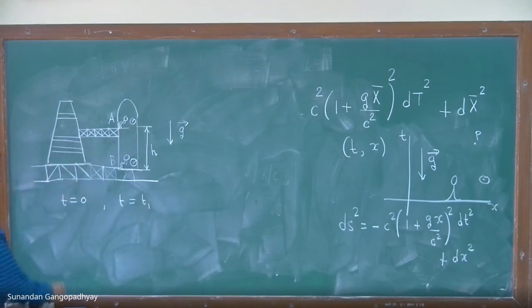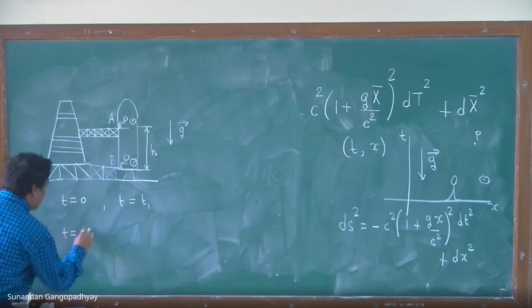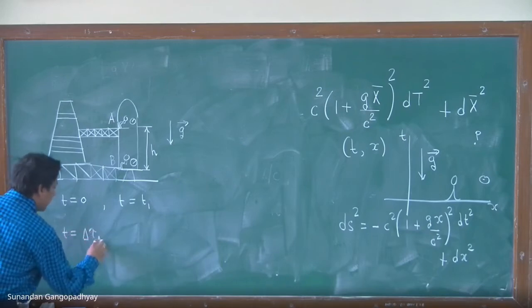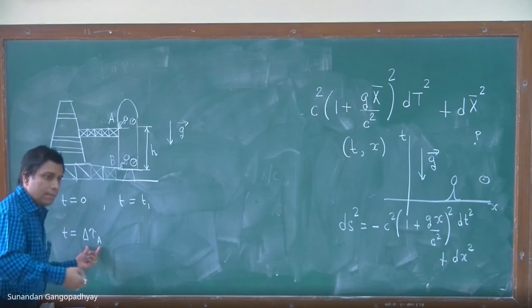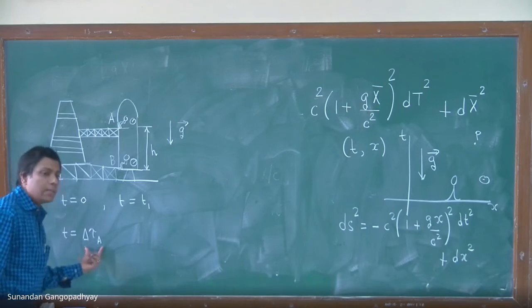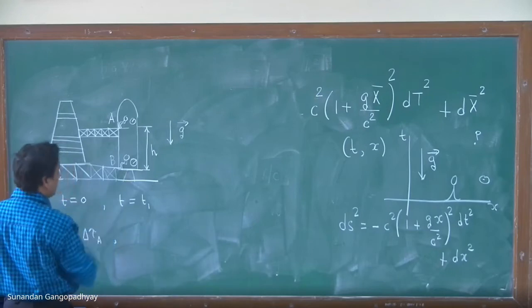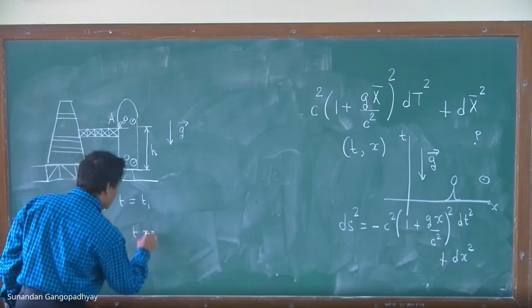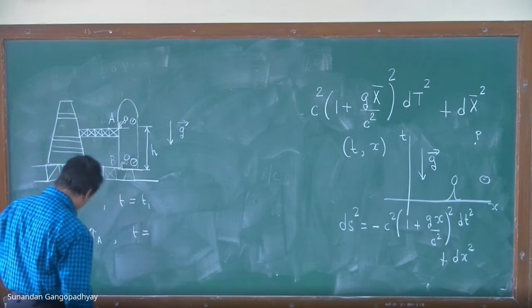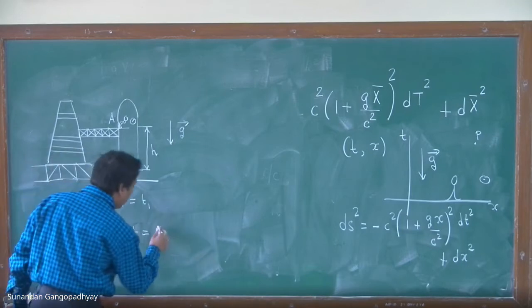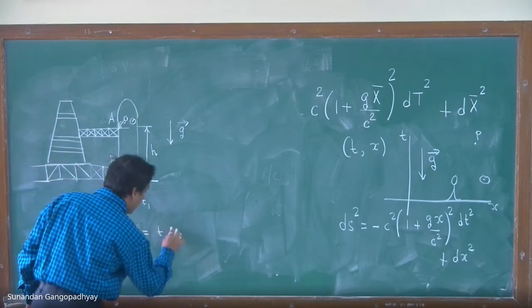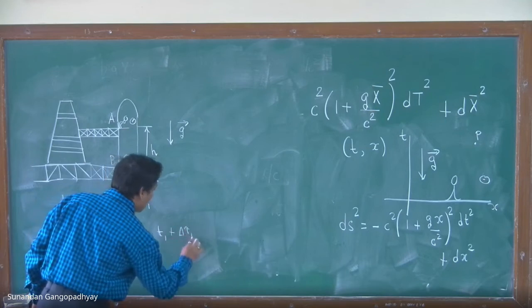Then at time t equals delta tau a, so he is giving signals at intervals delta tau a, and Bob has received the same signal after t1 plus delta tau b.